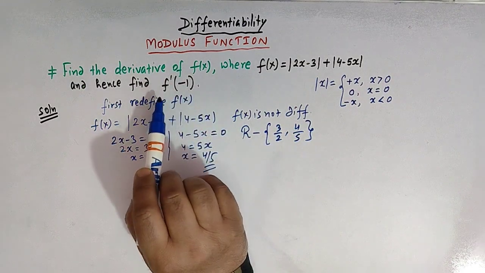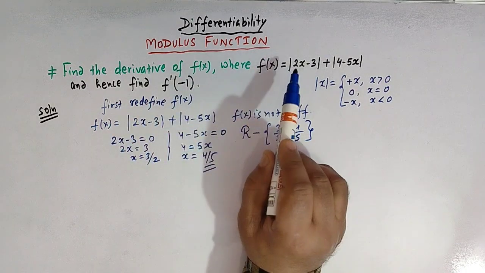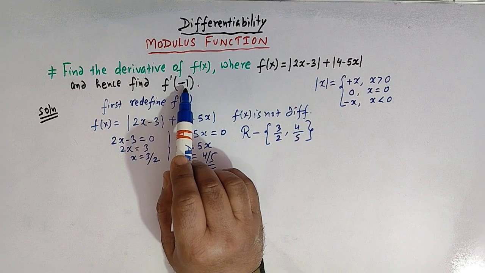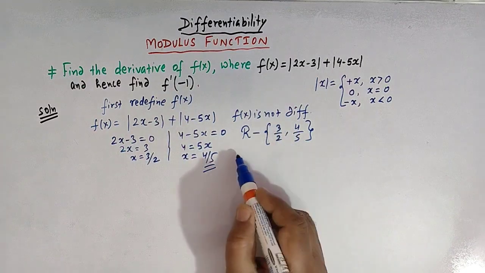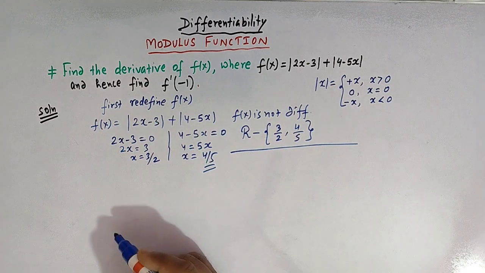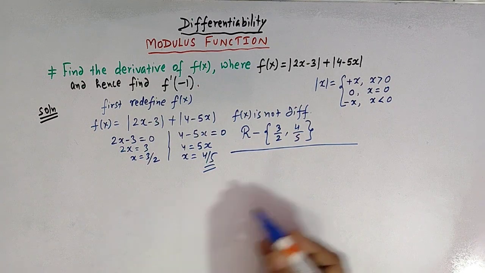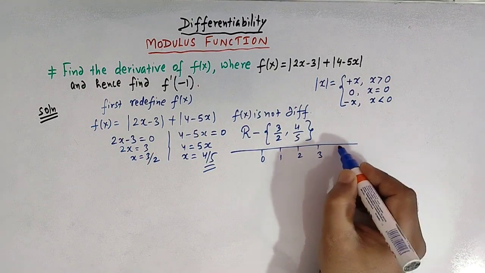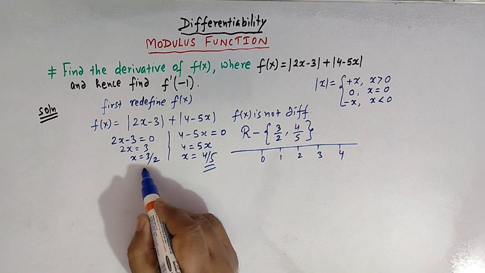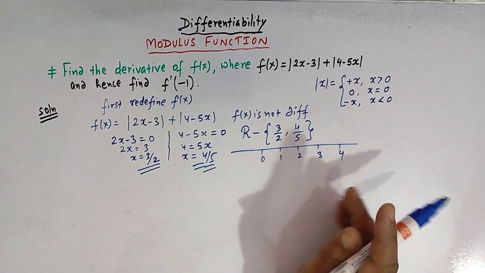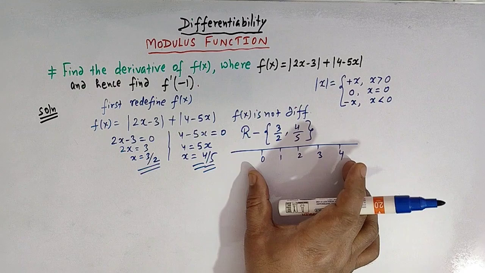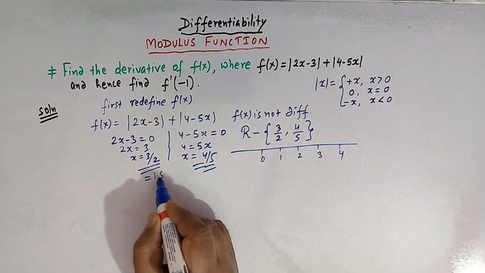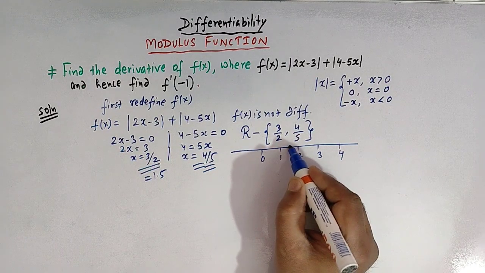And here we have to find the value of the derivative at x = -1. So now let us draw a real number line and write 0, 1, 2, 3 and so on, and represent these two points on it. 3/2 is 1.5, so it lies somewhere here.